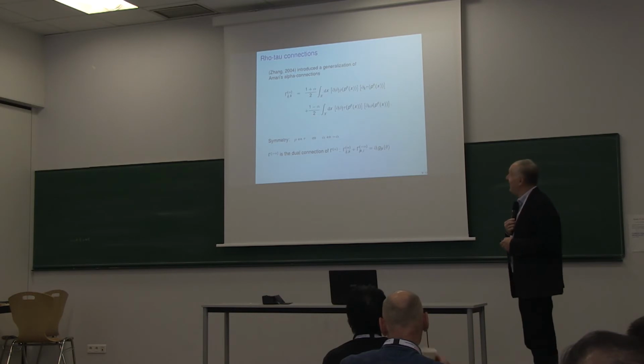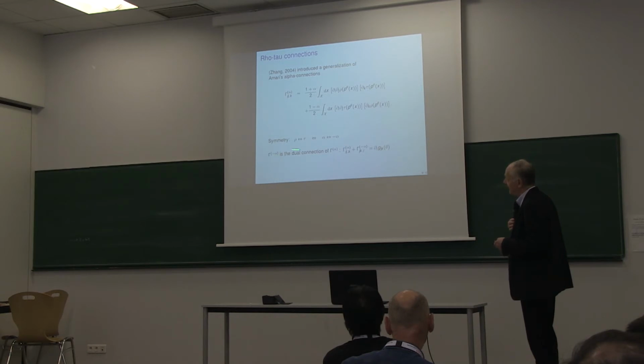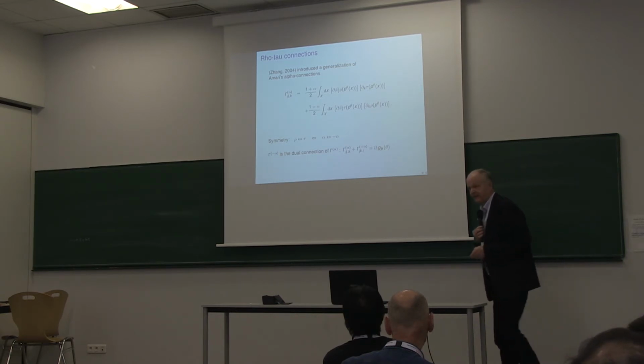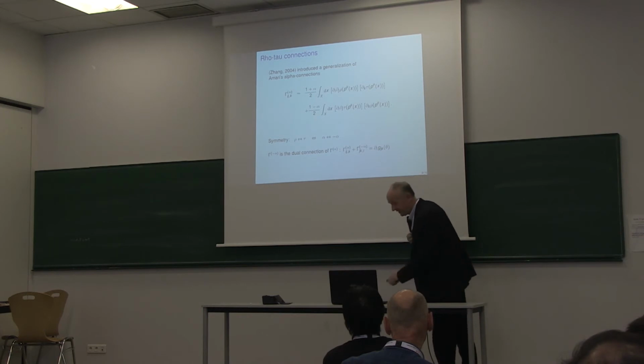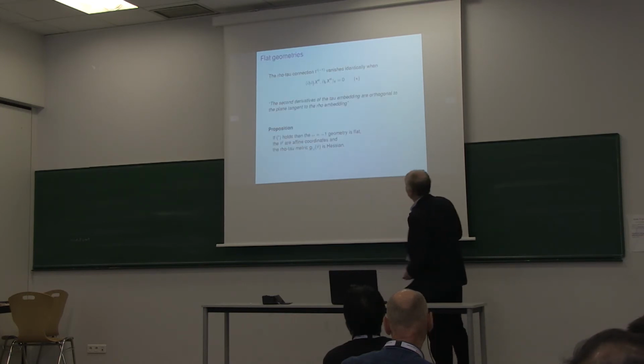Because the first line goes to the second line, I have to change the sign of alpha. So that's a very elegant definition. It depends, of course, on both tau and rho in a way which is almost symmetric, but you have to change alpha. And from the definition of dual connections, you can immediately see that the minus alpha connection is the dual of the plus alpha one. That's almost the definition which stands there.